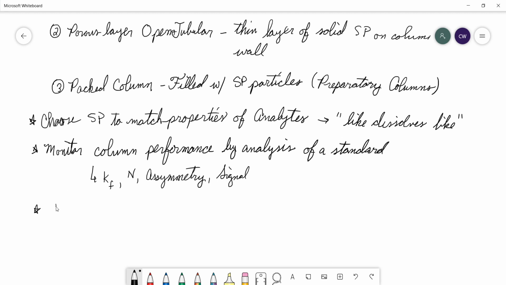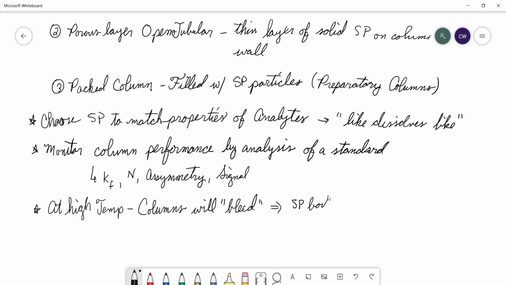At high temperature, columns will undergo a process called bleeding. Okay. And this is actually degrading the stationary phase. So what this means is that the stationary phase is actually boiling out, or in some other way, thermally degrading.